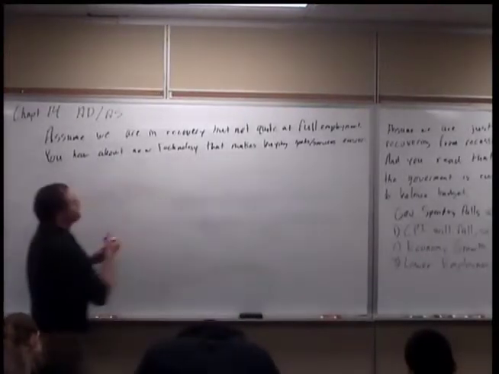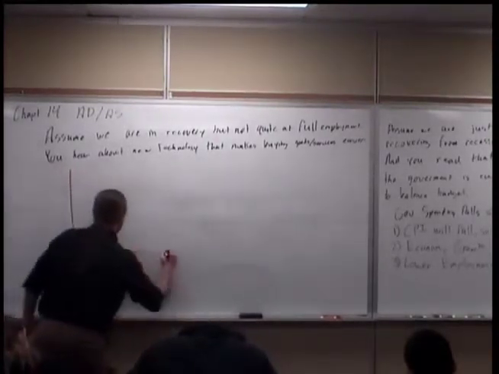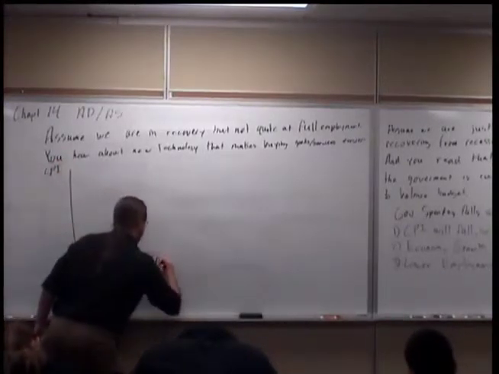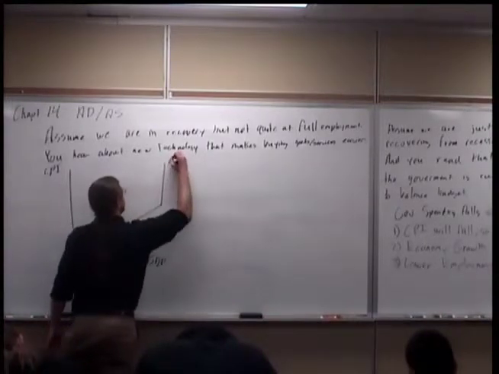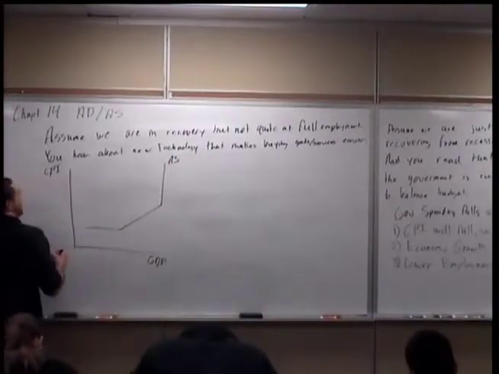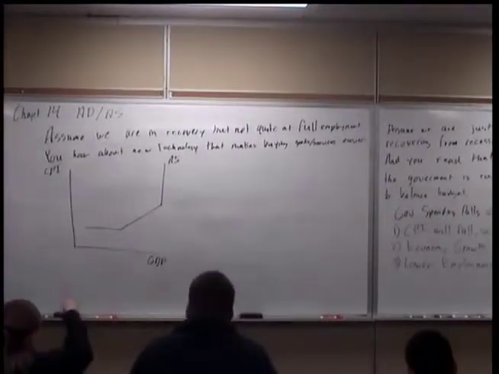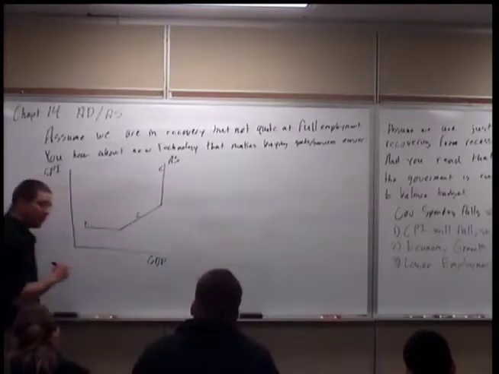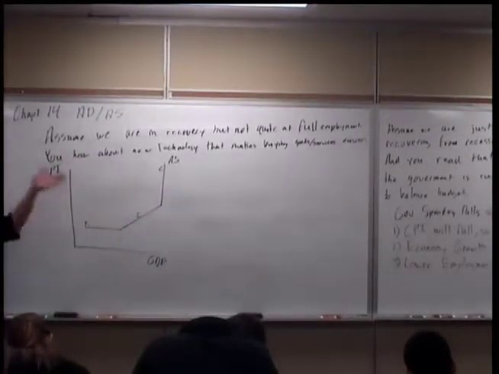Okay, so CPI, GDP. Here's our aggregate supply. Where am I going to draw aggregate demand? Closer to the C, right? We've been recovering for a while, but we're not quite at full employment.